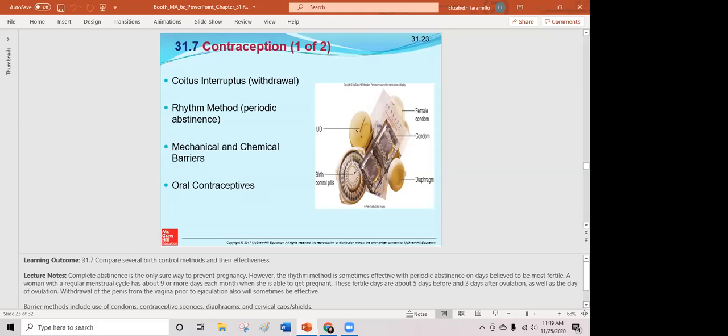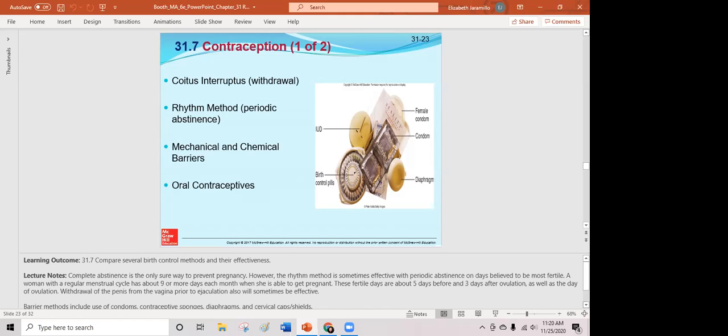So another one of your objectives was contraception. Complete abstinence is really the only way to prevent pregnancy and STDs. Well, not really even STDs, because you can still get them in other ways. However, the rhythm method is sometimes effective. With periodic abstinence on days believed to be your most fertile, a woman can kind of detect that.